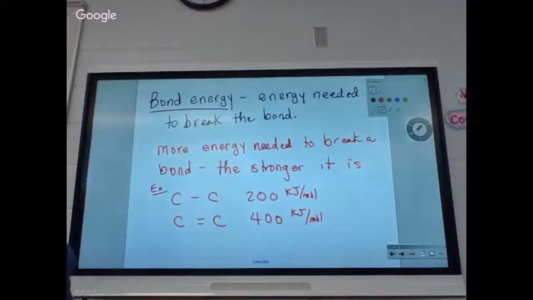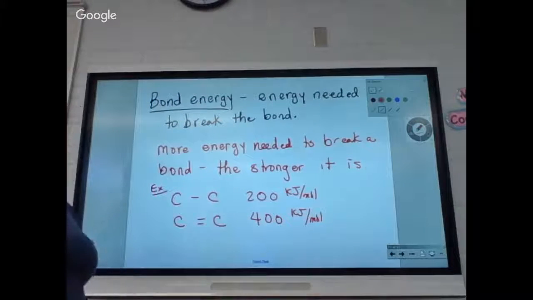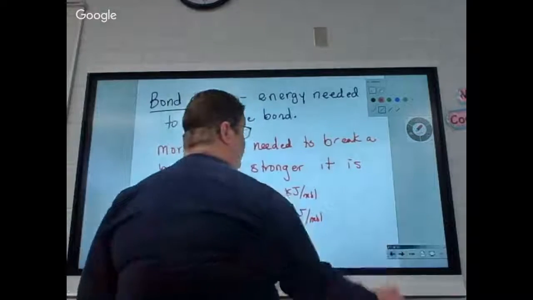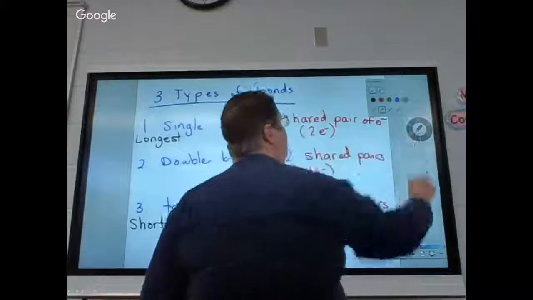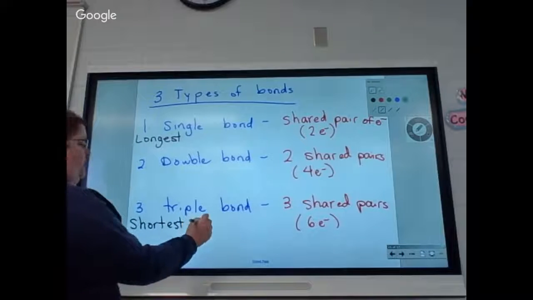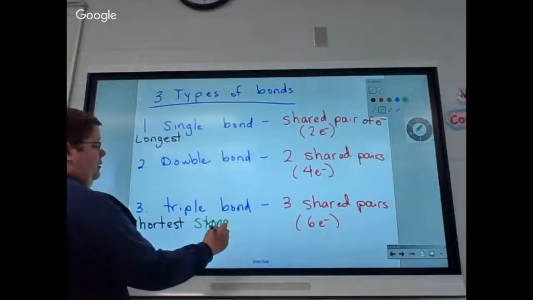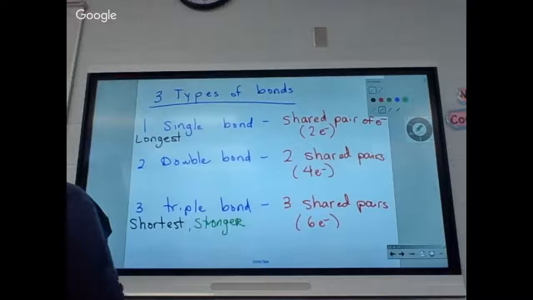So, everybody got what they want? If I go back, y'all say no? We got it. Okay, so if I go back, which bond of these three would be the strongest of the bonds? Triple bond. Anything that's shorter is always stronger. So who would be the weakest of the bonds?